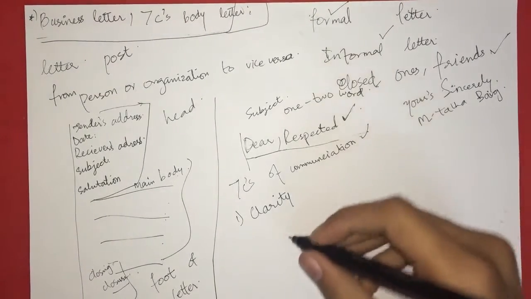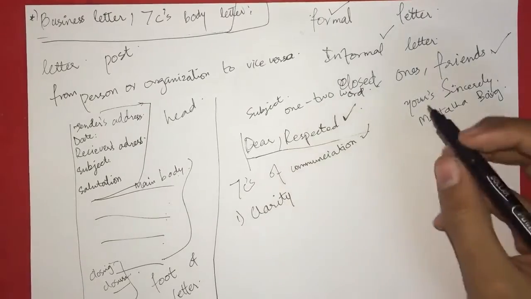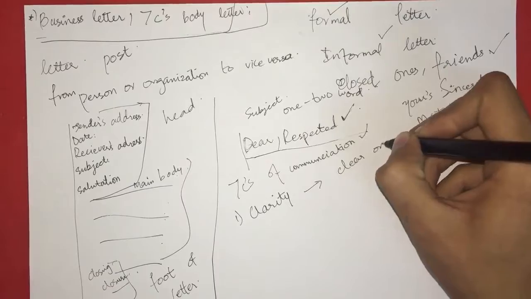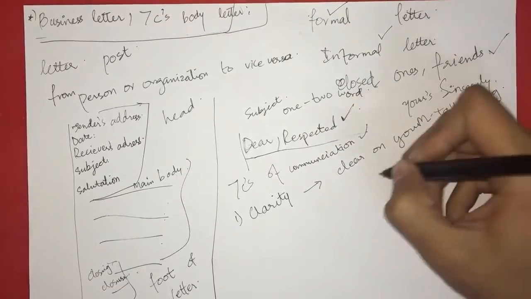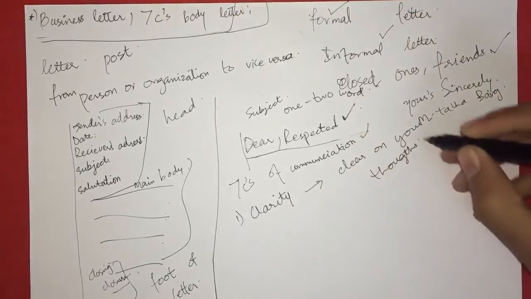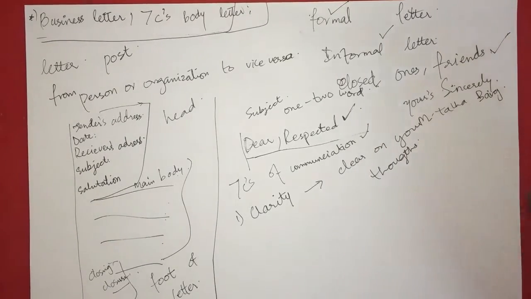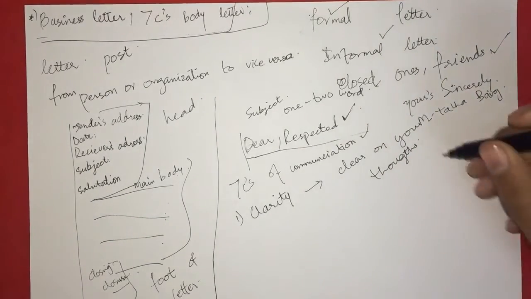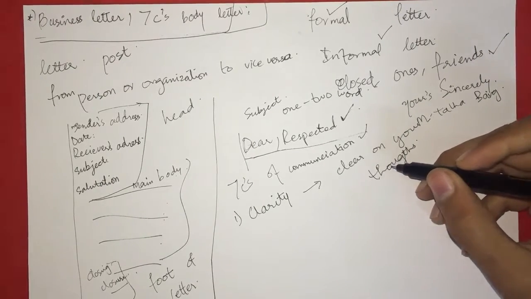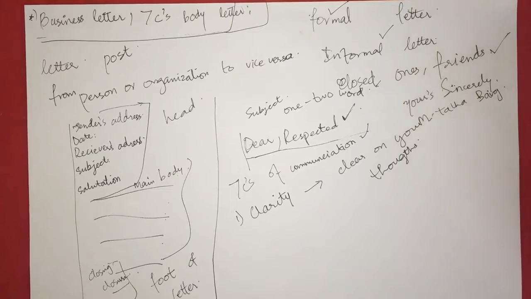So you have to take care of the clarity. Clarity means that you need to be clear on your thoughts. That means you have to be to the point. You don't have to talk about irrelevant things, and you don't have to explain that much.